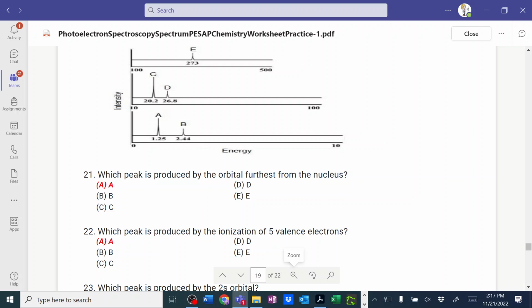For whatever reason, when you take electrons out, you remove them from the highest n value first. And I don't exactly know why, but I do know that that is how it works.